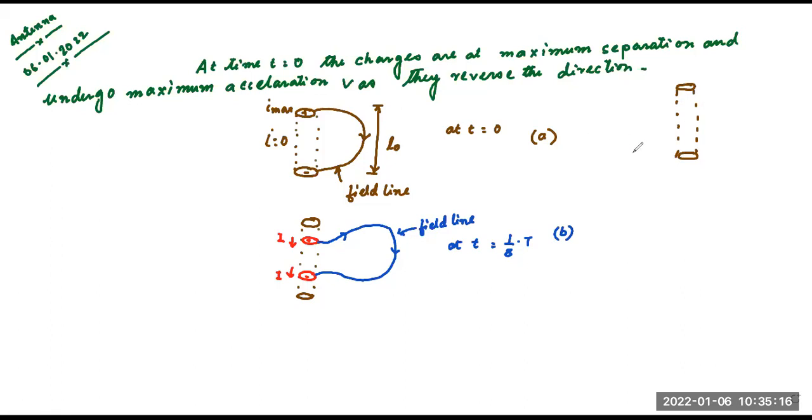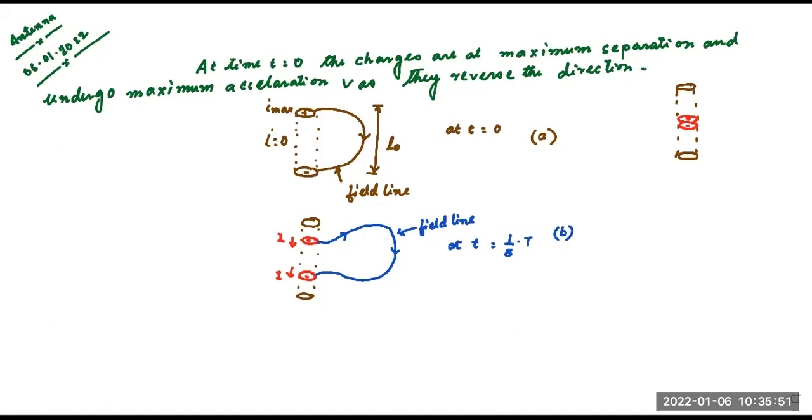What I told, the two charges are coming towards each other. This is positive and this is negative. They have passed the midpoint.